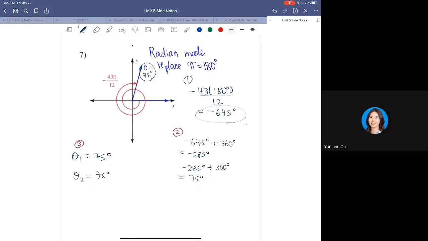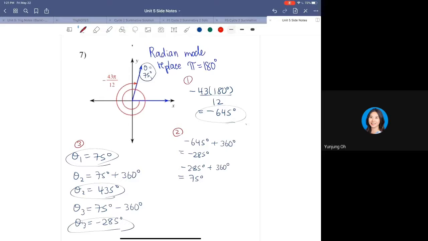That's the easiest thing to do. 75 plus 360 is 435 degrees, so that's a coterminal angle. For theta 3, I could have done 75 degrees minus 360, and I get negative 285 degrees. So these are some coterminal angles. You're basically adding or subtracting 360. So I've answered that portion right here.